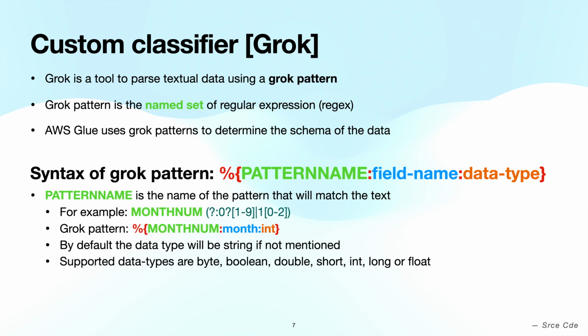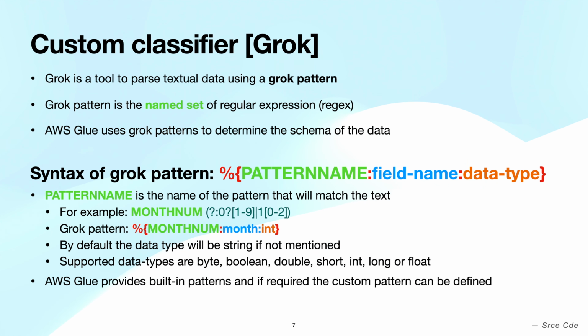In case you do not define the data type, then by default the string data type will be used. The supported data types are byte, boolean, double, short, int, long and float, and by default it will be string. So I hope that this gave you a simple idea about named regular expressions and how to define the Grok pattern using them.